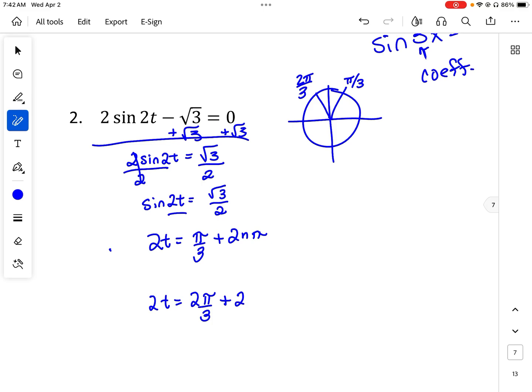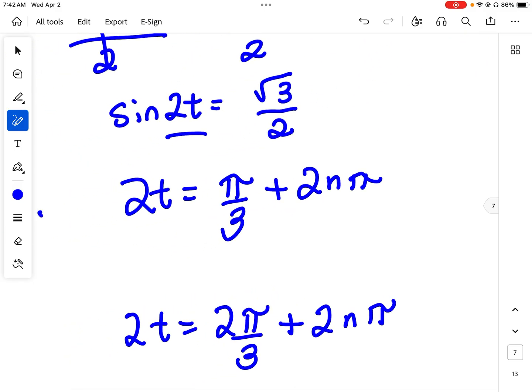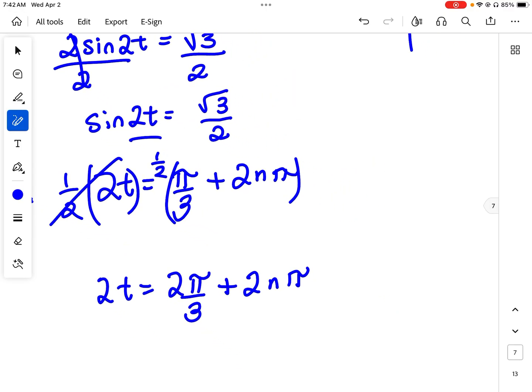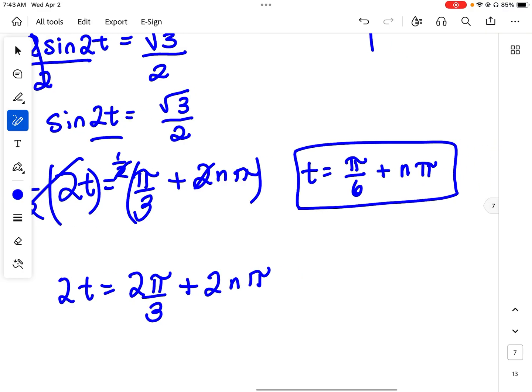So we got to do plus the 2 n pi on both of them. All right, so we'll solve each one. So multiply this by 1/2. So it's t equals pi over 6 plus the 2, and the 2 will cancel on that one. So it's just n pi.